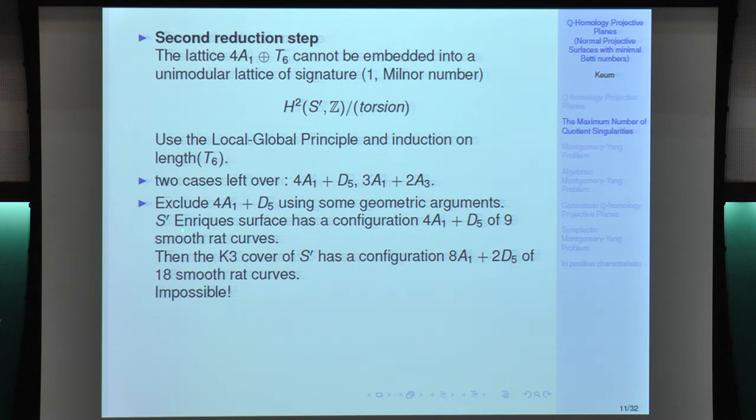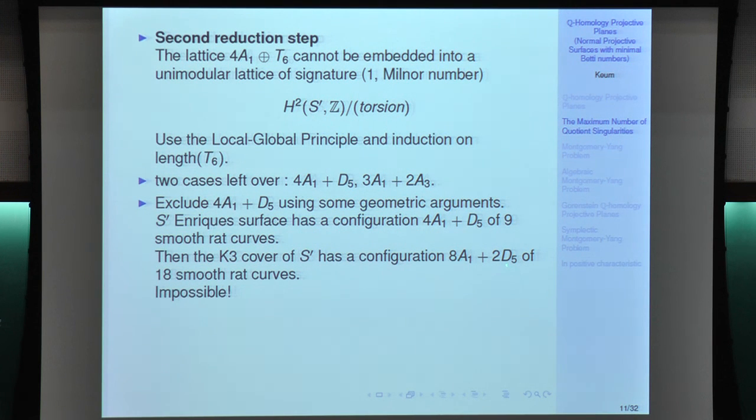And then this Enriques surface must have a configuration of 9 smooth rational curves of dual graph type 4A1 plus D5. And then the K3 cover of S prime has a configuration of 8A1 plus 2 copies of D5. Yeah, so every smooth rational curve has a disjoint pre-image on the K3.